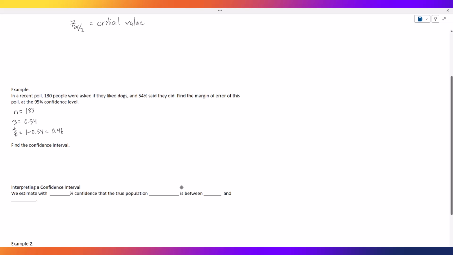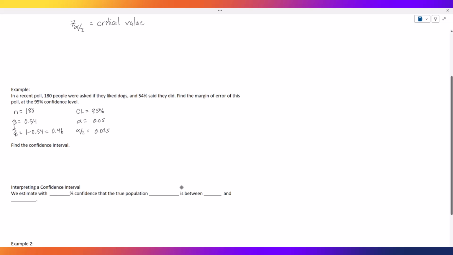And then we also know our confidence level is 95%, which means our alpha is 0.05 and our alpha over 2, 0.025.